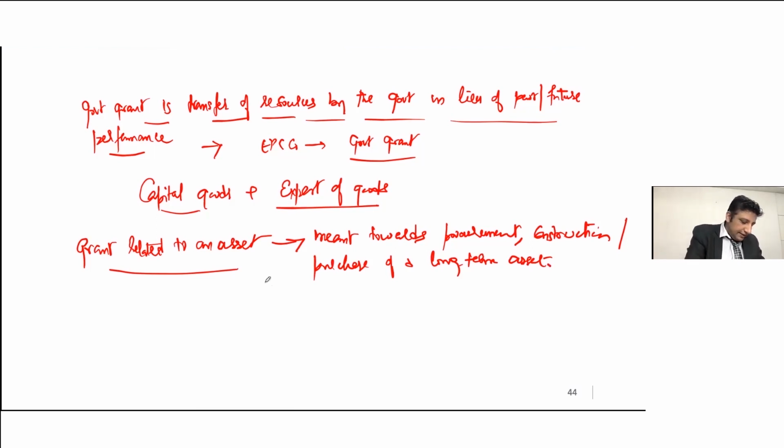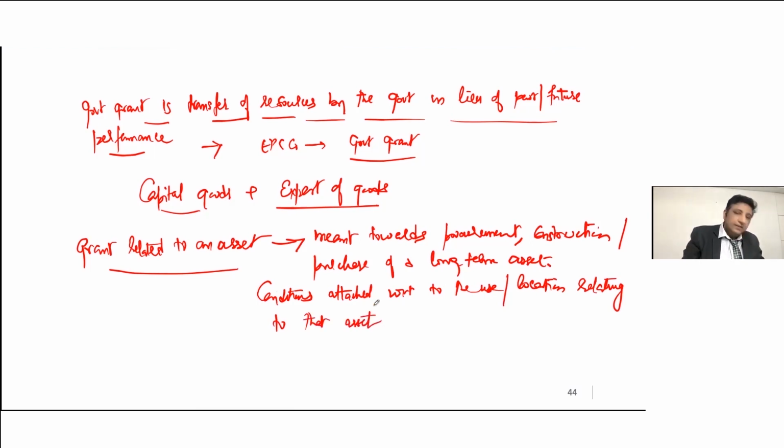And usually there are conditions attached with respect to the use or location relating to that asset, right? So we are trying to define what is a grant related to an asset.